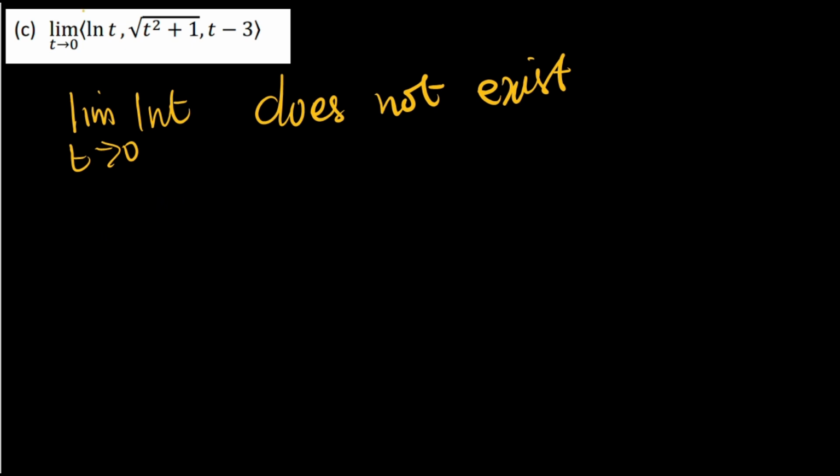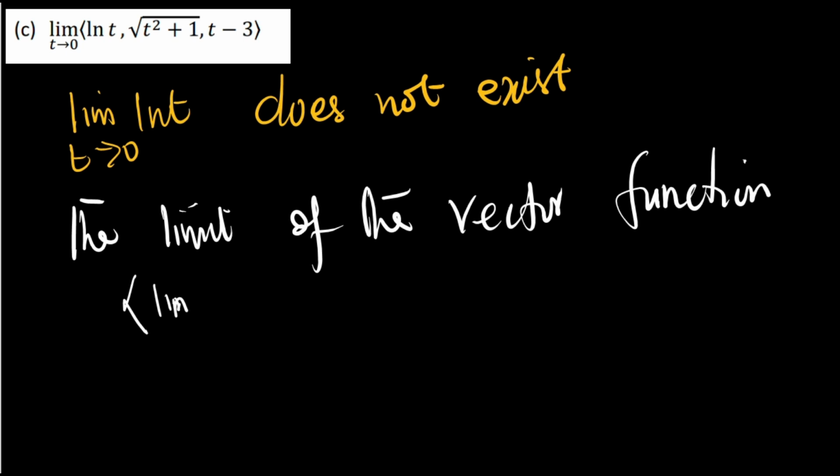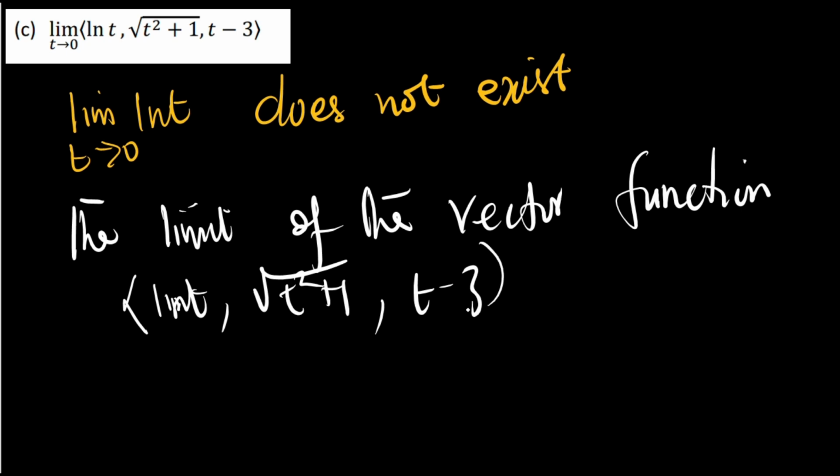So we can just conclude that the limit of the vector function ln t, square root of t squared plus 1, t minus 3 does not exist.